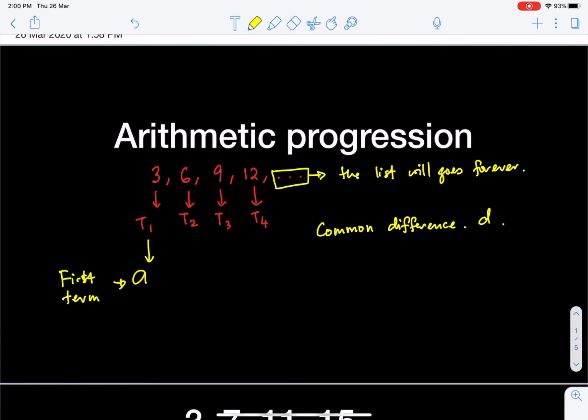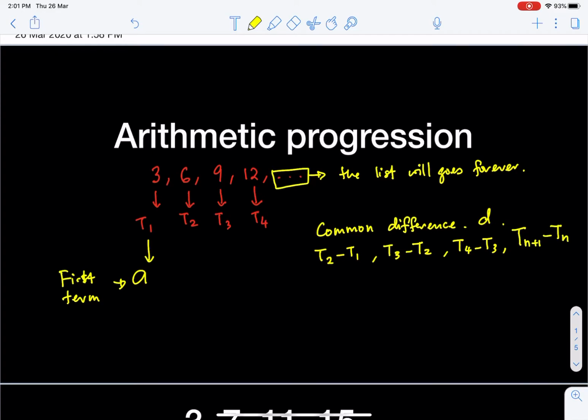Remember? Okay, to find the common difference, we need to minus the second term with the first one. Or T3 minus T2. Or T4 minus T3. Or specifically, in general, T n plus 1 minus T n.